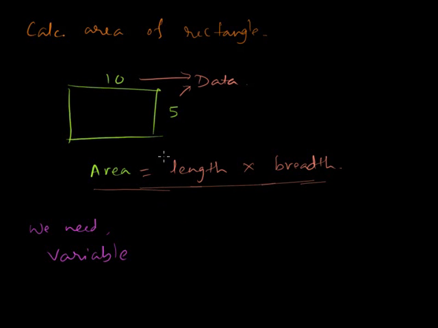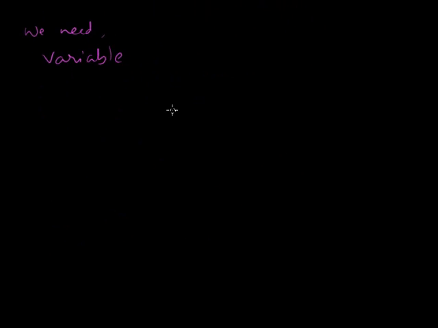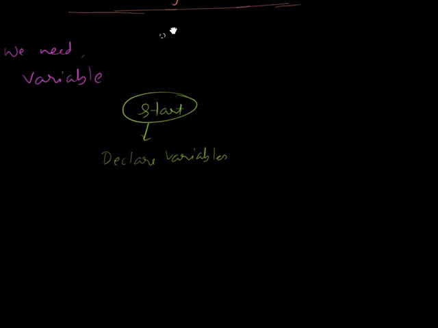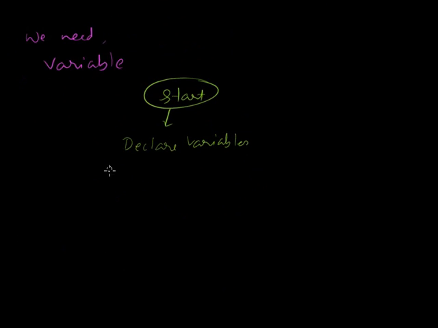So in the following way we are going to approach solving our program. Firstly we are going to start our program, so we are going to write the main function, main block. Then we are going to declare variables, because variables have to be declared. What variables we need in this program are length and breadth. So we choose the same names for our variables, length and breadth.